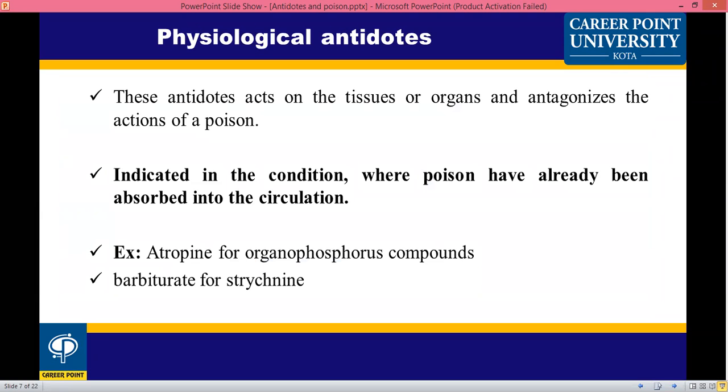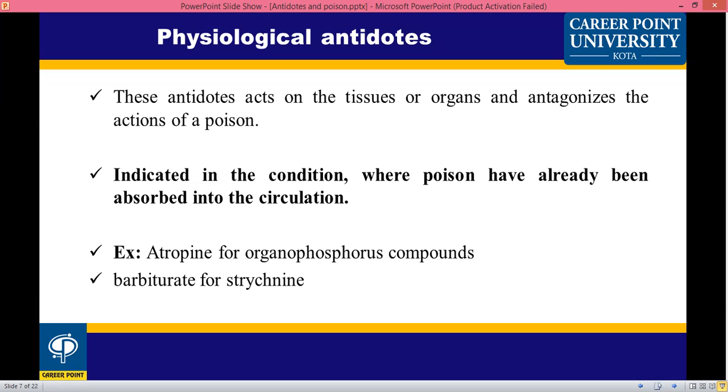Next one is physiological antidote. These antidotes act on tissue or organ and antagonize the action of poison. Physiological antidotes are indicated where the poison has already been absorbed into the circulation. Examples: atropine for organophosphorus compound poisoning, and barbiturate for strychnine poisoning.